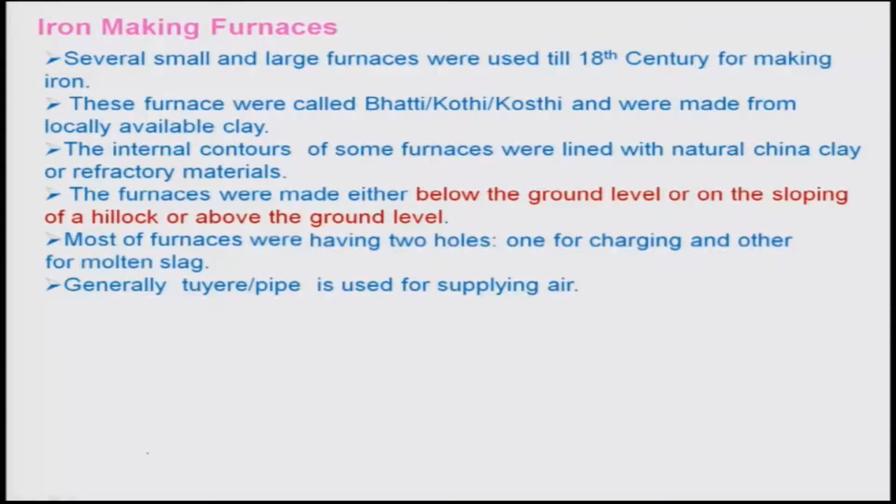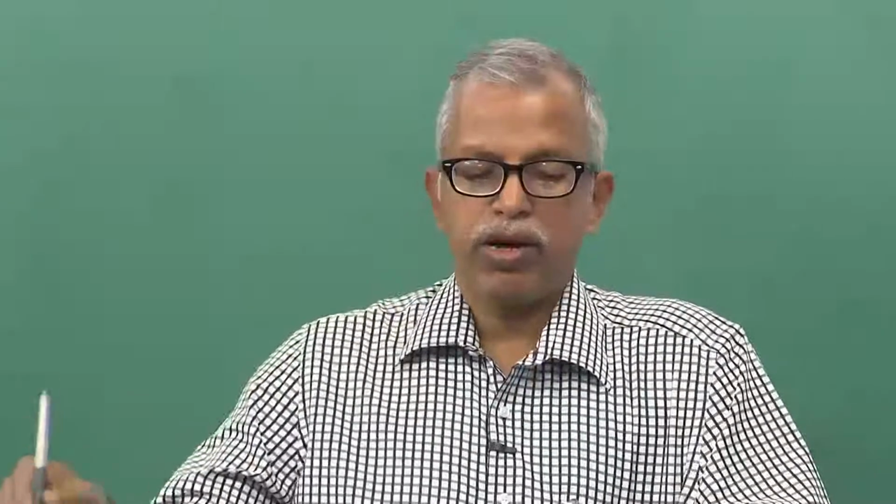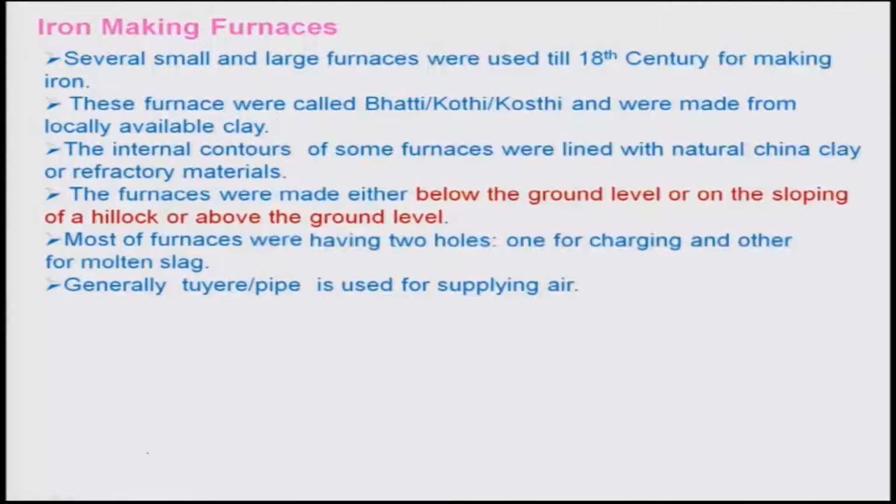These furnaces were called bhatti, in some places koti, kosti, and were made from locally available clay. If you look at them, they are very simple, and a lot of innovation was used by various people to make them different and to use local material.